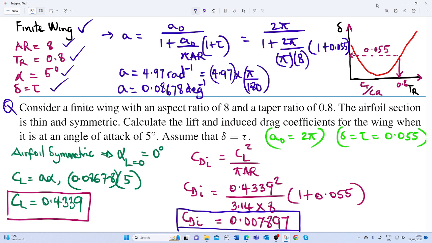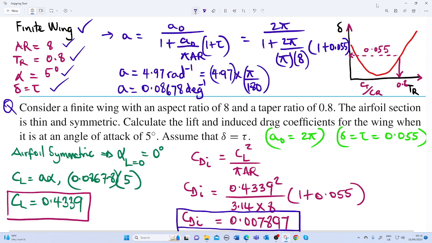By slotting in all the values, we can find the induced factor for the drag from the standardized graph by tracing the taper ratio 0.8 up to the curve and across to the vertical axis, whereby we can deduce that we have 0.055 as the induced drag factor.